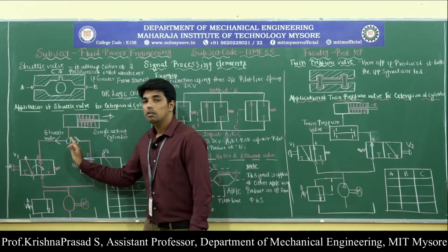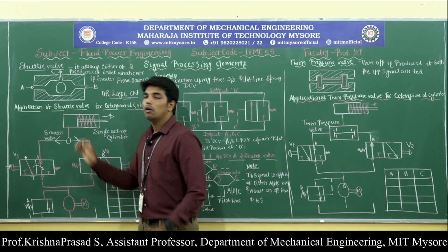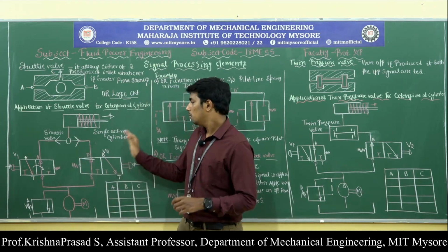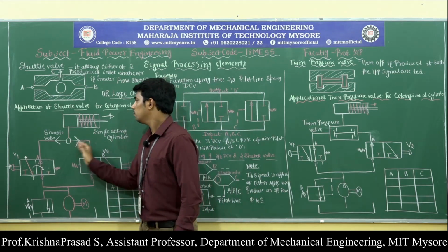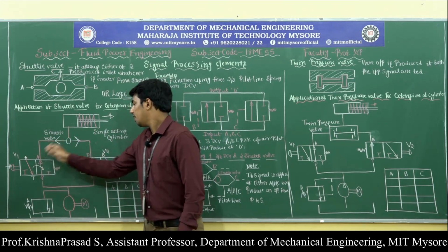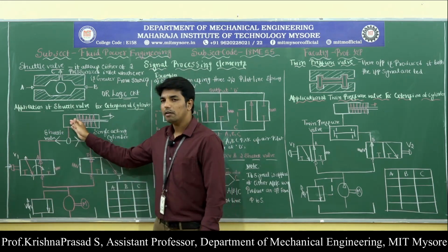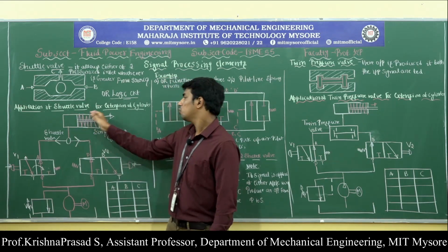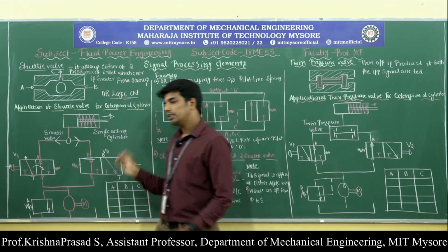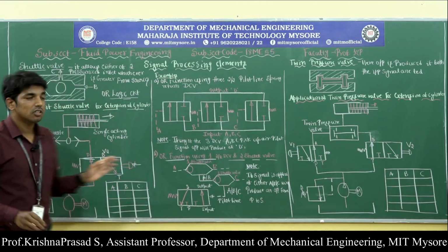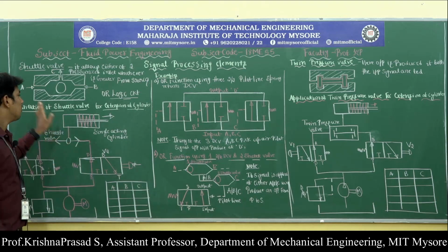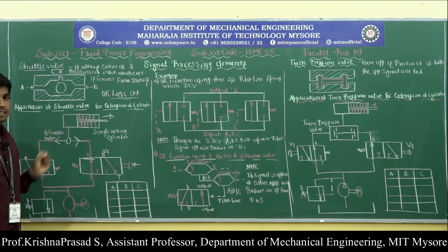This will make the ball settle exactly at the middle of the shuttle valve, then compressed air will flow from both outlet port A and outlet port B into the blank end of the single acting cylinder, and this will also cause the extension of the cylinder. Okay, so this is the working of the circuit diagram of the shuttle valve for the extension of the cylinder.